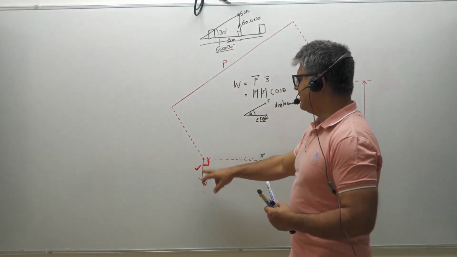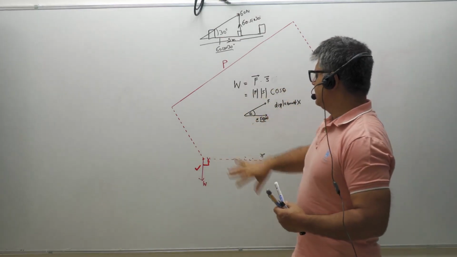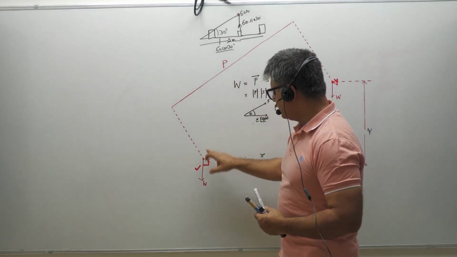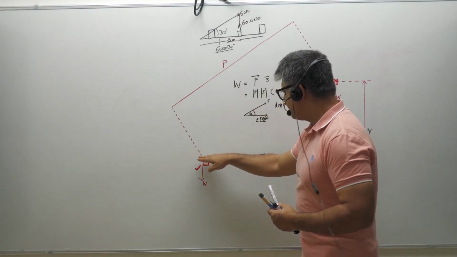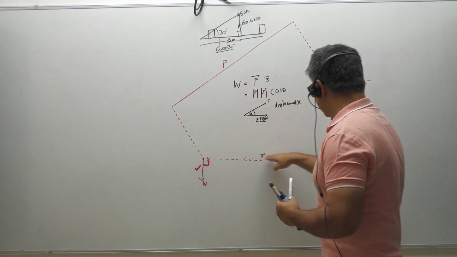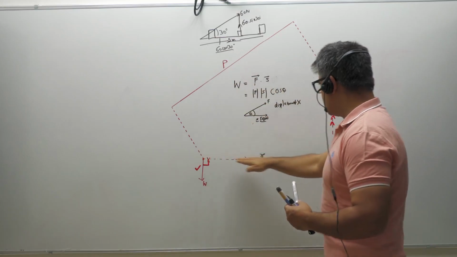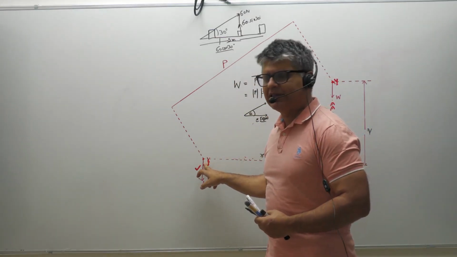So this crane picks up the body from X to Y. Let's see. The weight is in this direction. There is one displacement, which is this. It's a component of P, maybe the X component of P. So these have an angle of 90 degrees between them.